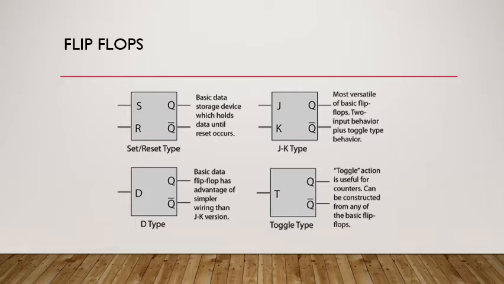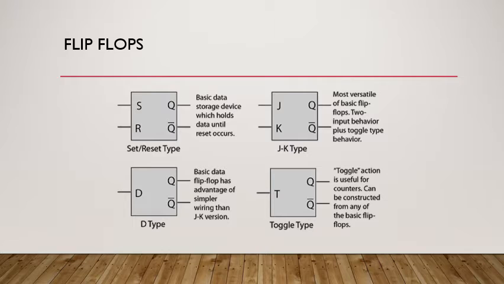Now you can see the four basic types of flip-flops. These are SR type, JK type, D type and T type flip-flops. In the example of the set reset type flip-flop, S and R are acting as inputs, and Q and Q bar are the outputs.